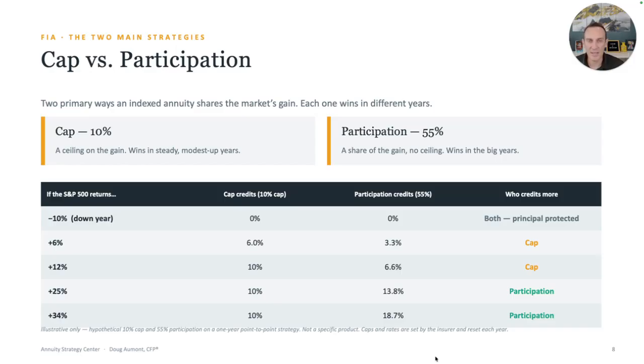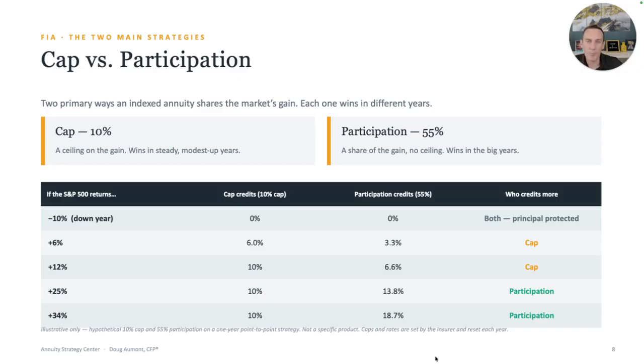So in both cases, you're going to see 0% credited. You're not going to see any losses on your statement from the market. In this case, it was a wash. It didn't matter if you had a cap rate strategy or participation rate strategy, your interest was still going to be 0.